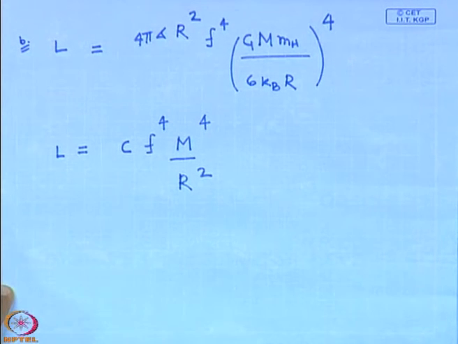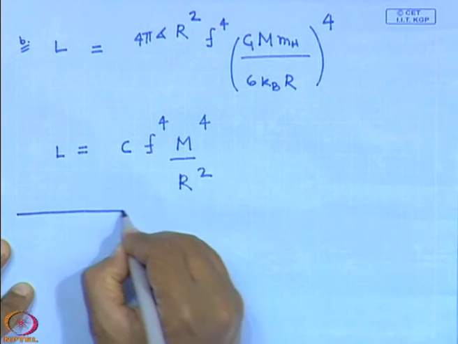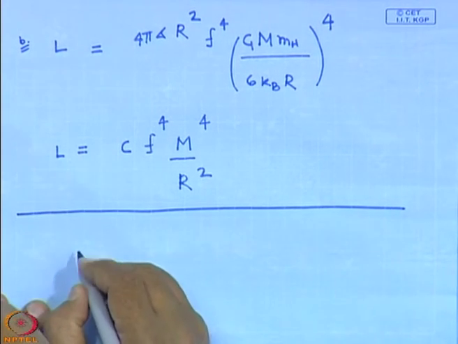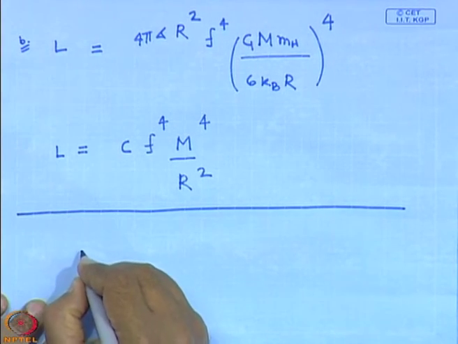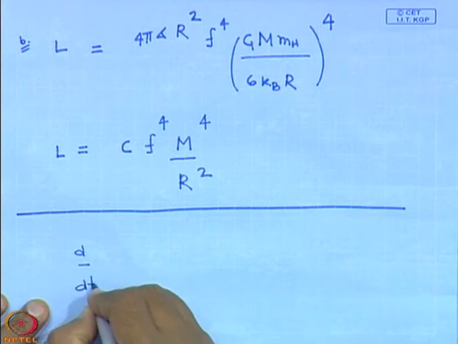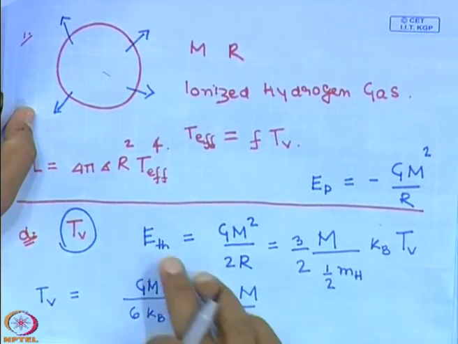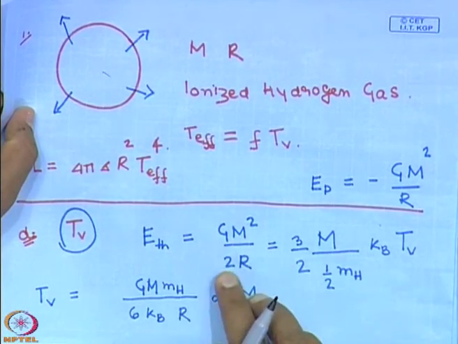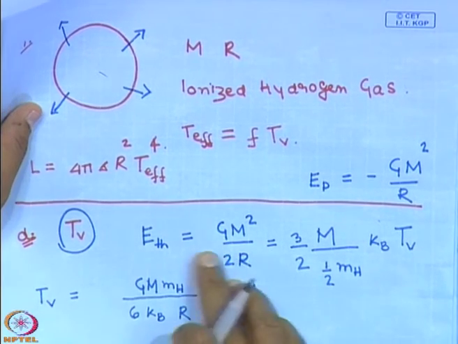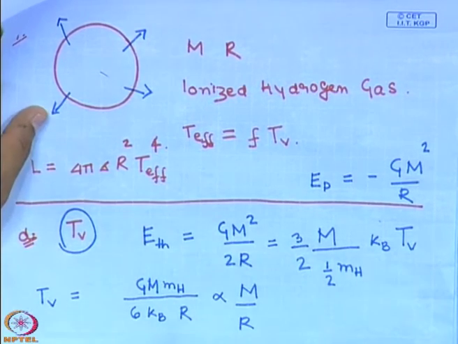Okay. So, let us do that, and what we get is d by dt, the rate at which the thermal energy is lost, and the thermal energy is G m square by 2 r. Now, when the energy is lost, it is only r which is going to change, the mass remains fixed.